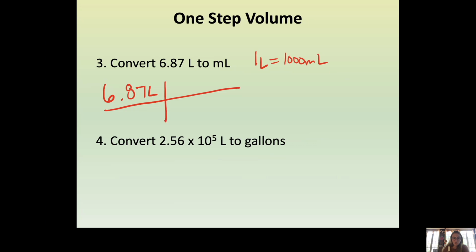Put it in my chart over 1. What's going to match? 1 liter, 1,000 milliliters on top. So 6.87 times 1,000 divided by 1. My liters cancel out. 6,870 milliliters.